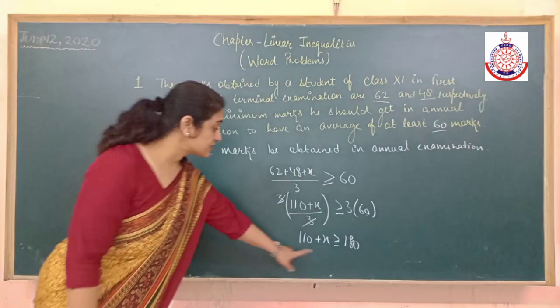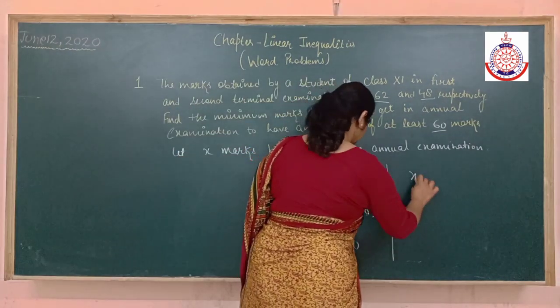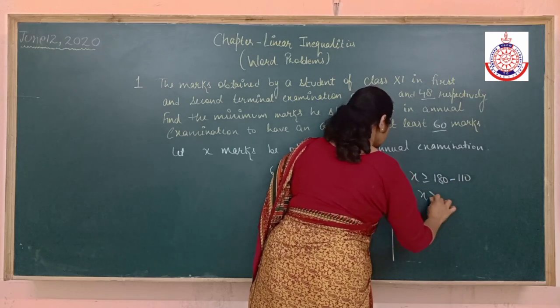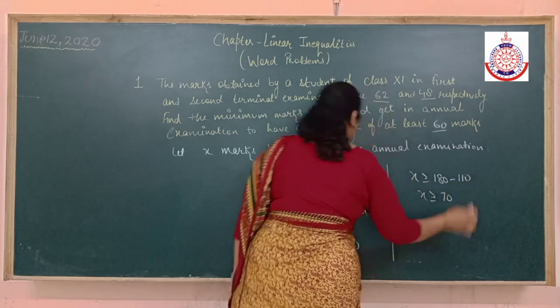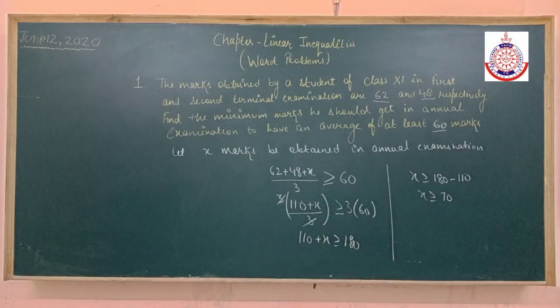Subtract both sides 110, you know it, in the previous video you have seen. X should be greater than equals to 70. Greater than equals to 70.